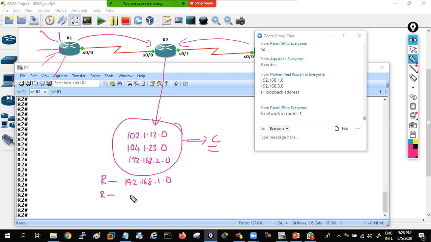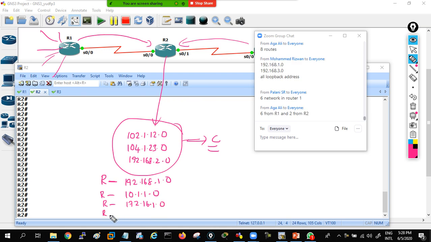What other one? 10.1.1.0. Other one, 172.16.1.0. Other one, 172.16.10.0. Other one. Is there anything else? We missed it, guys? 200.1.1.0. I think these are from router 1.